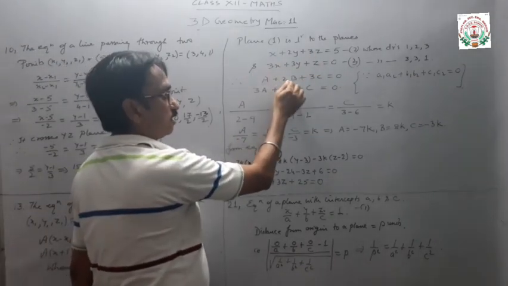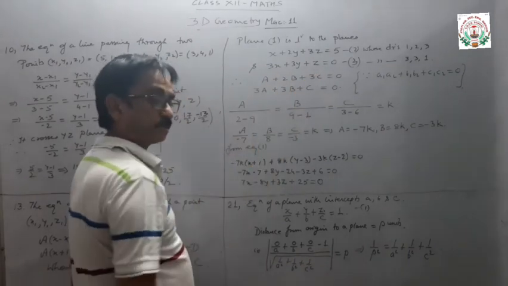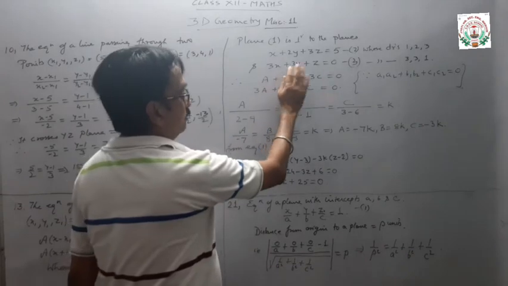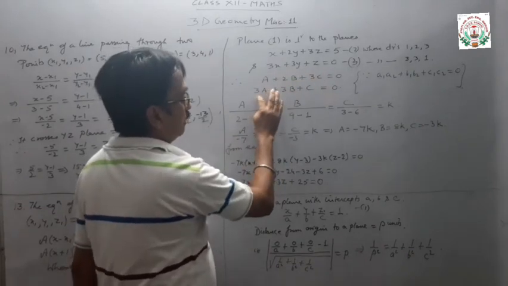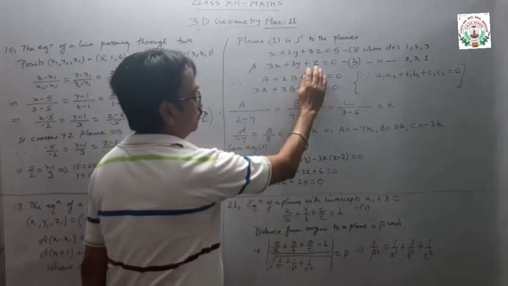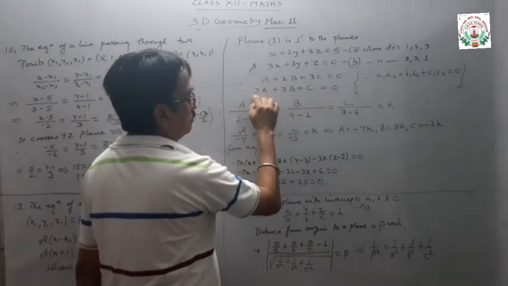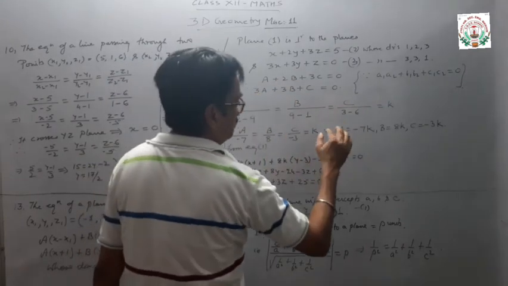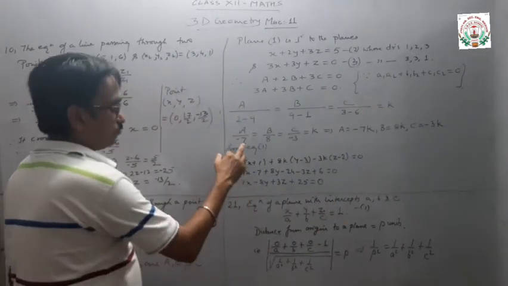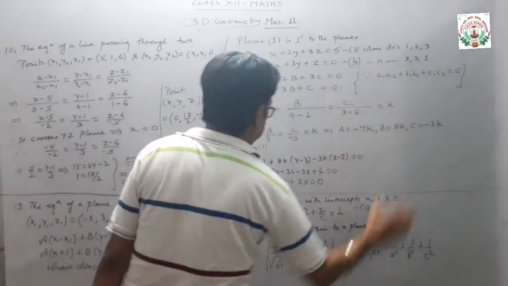For a we start from b, for b we start from the top of c, for c we start from the top of a. So for b, 3 into 3, 9 minus 1 into 1, 9 minus 1. For c, we start from the top a: 1 into 3, 3 minus 3 into 2, minus 6 here. So we get the values of a, b, c as minus 7k, 8k, minus 3k.